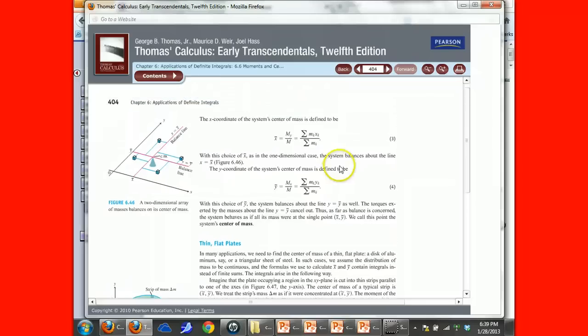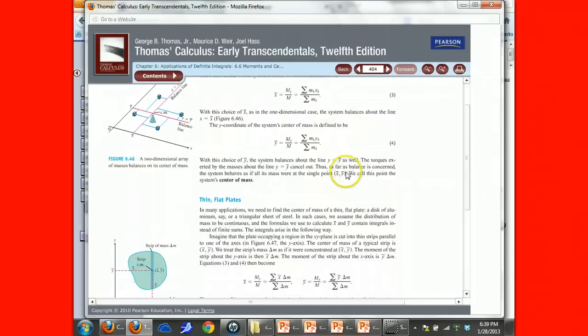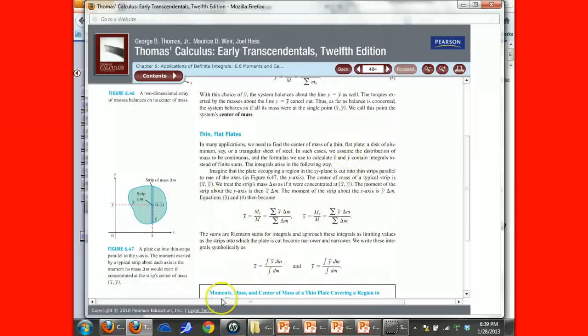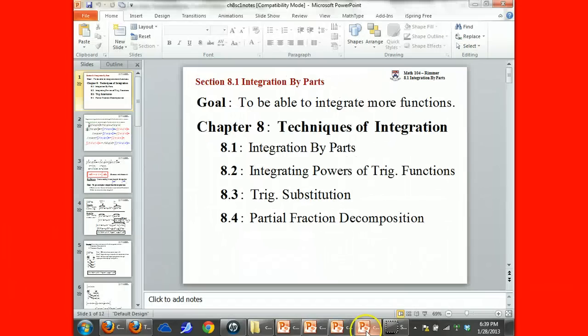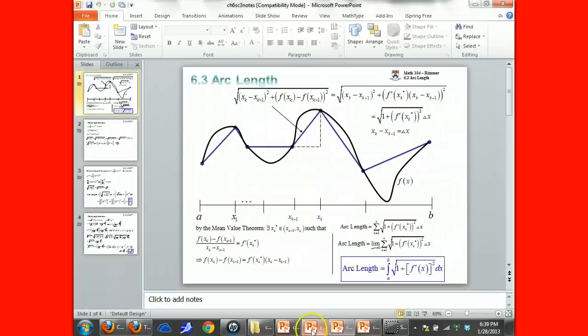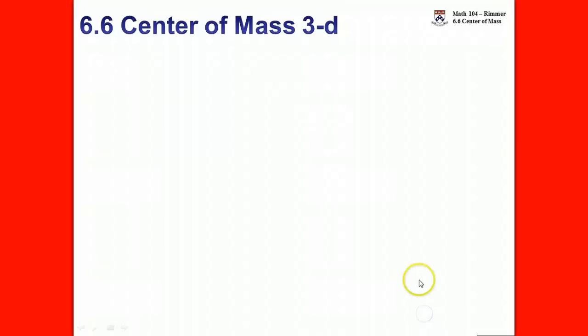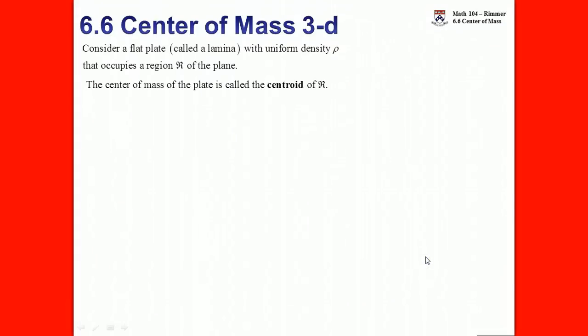So they have the 3D picture and some explanation. They don't do examples of it, but here's where we're headed. We're going to take a region in the XY plane and try to find the center of mass for that. It really is 3D. The third dimension is going to be some thin thickness. What we have is a plate.